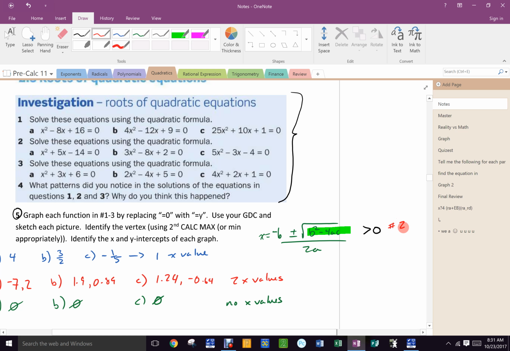That's number 2. But you can see I have 2 other options here. What happening under there would cause me to have no x values? A negative, because you can't take the square root of a negative number, can you? So if this is less than 0, I'm going to have none, right?